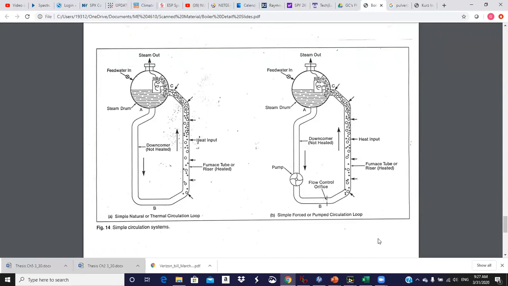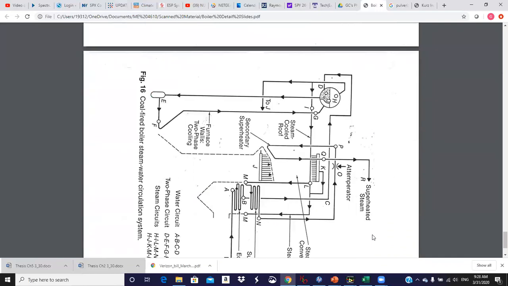On the natural circulation side, it's going to pretty well happen. I mean, you do have to get fired up and get that thing circulating. So you got to be a little careful on the startup side that we don't fire too hard until we get this flow established from the drum down the downcomer and up through the water wall tubes. You could overheat a tube if you're not careful. All right.